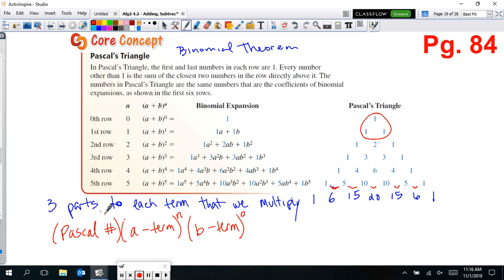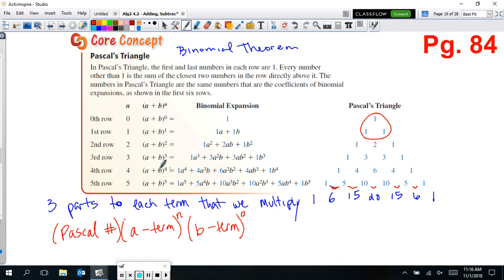Okay, so there are 3 parts to each term that we multiply. We already talked about the A term and the B term. We're going to have to multiply those. We also have to multiply by a Pascal number. So the Pascal number is these numbers here. We have to figure out which row of numbers we need for each term. If we have something to the 4th power, for instance, right here, we're going to use this row with 5 numbers in it.